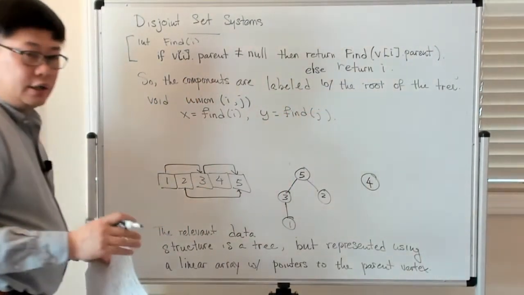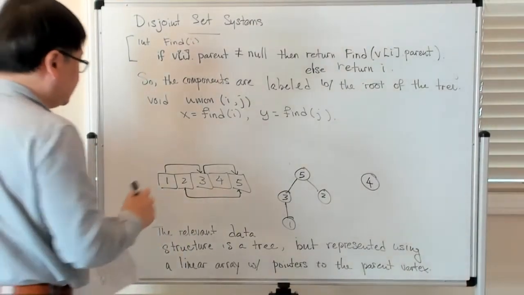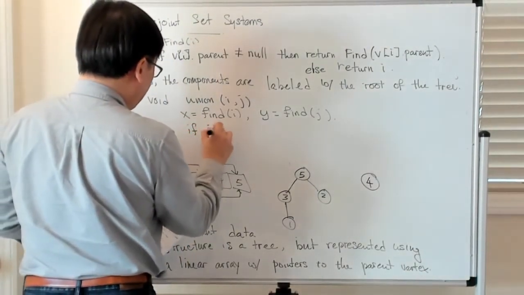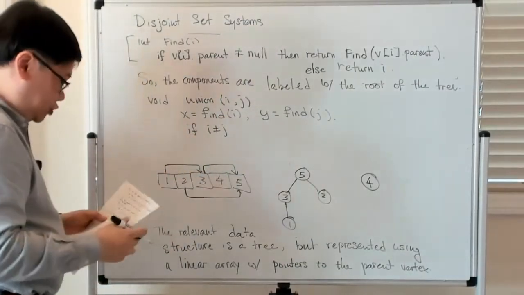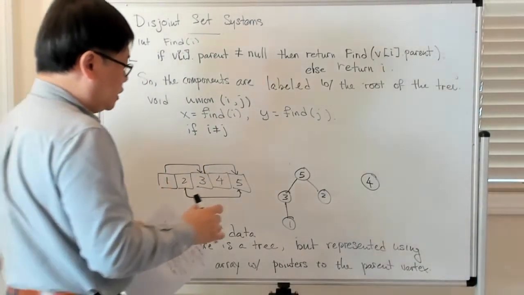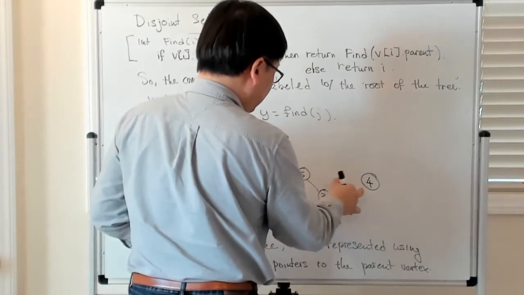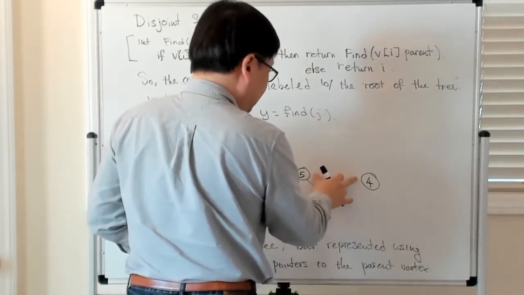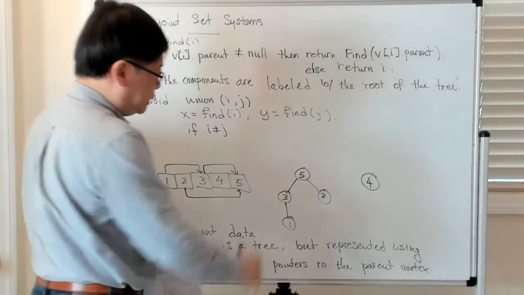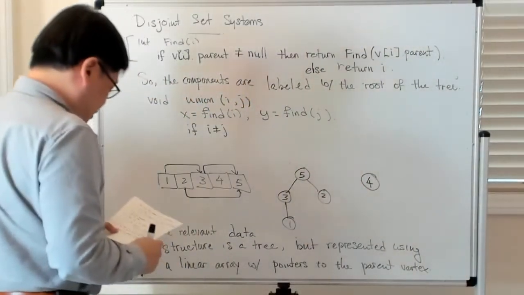Then you check whether they actually belong to disjoint sets, because if so, I want to link these two sets together.